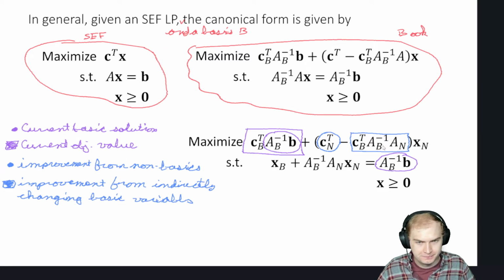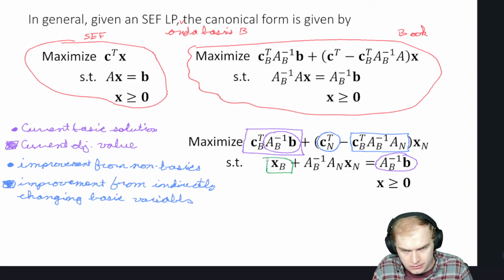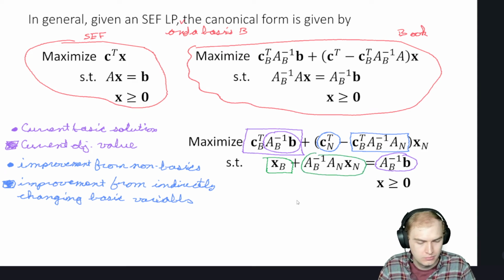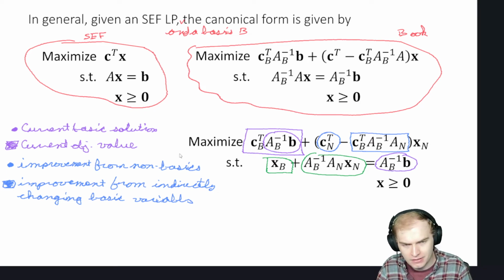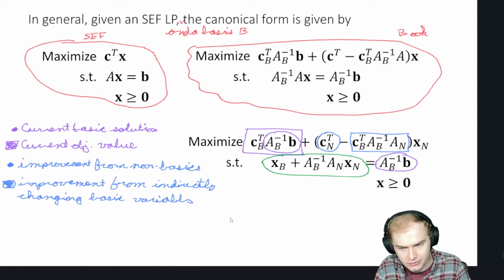So then this is just our basic variables plus some new constraints. So we can think about this term as looking sort of like our standard equality form.